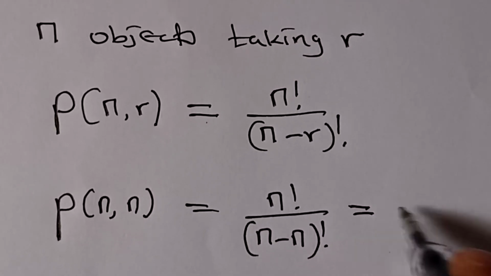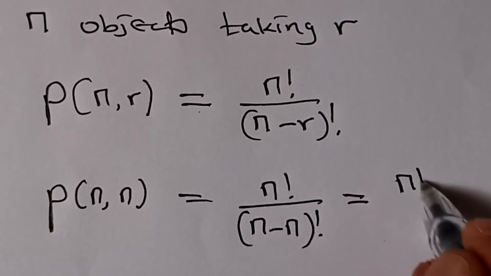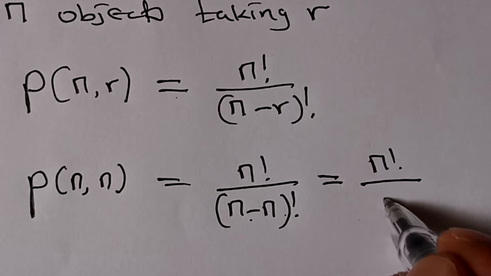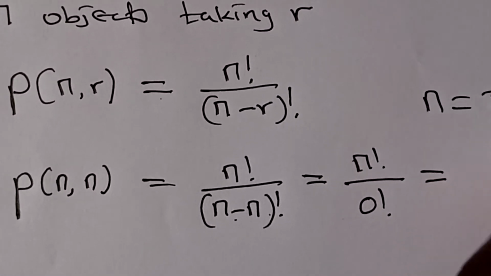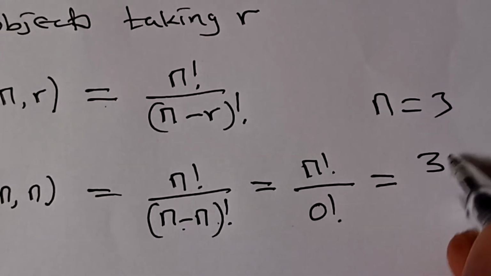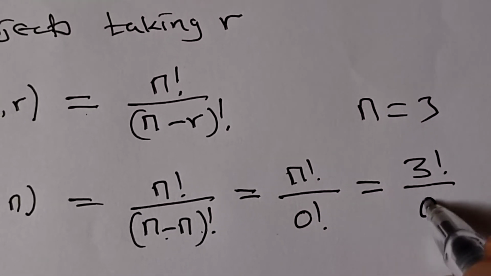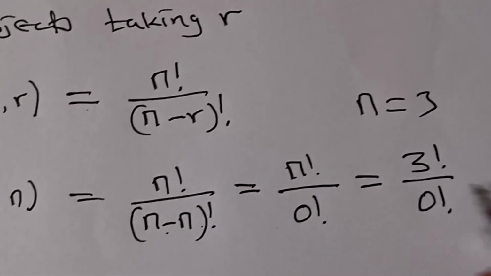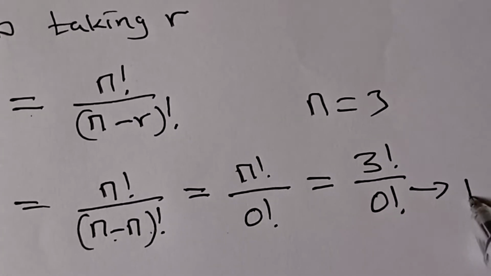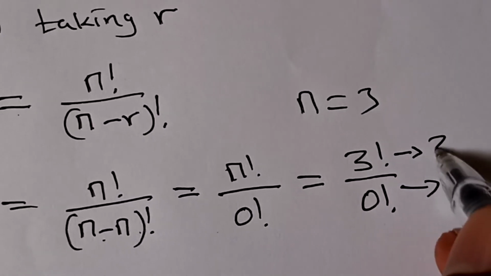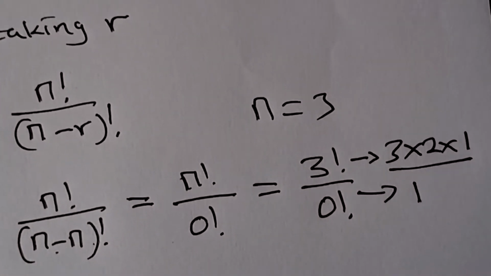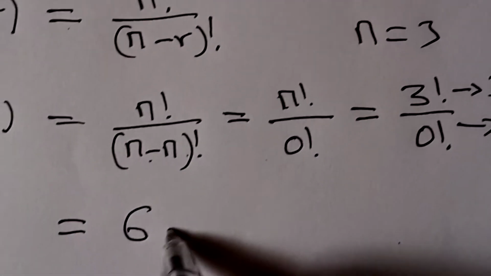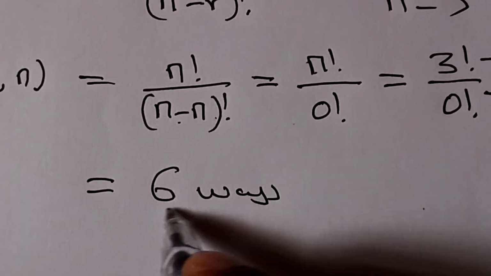In our case, this will be n factorial over 0 factorial. In our case, n was 3, so this will be 3 factorial divided by 0 factorial. We know that 0 factorial is 1, and 3 factorial is 3 times 2 times 1, which gives us 6 ways.